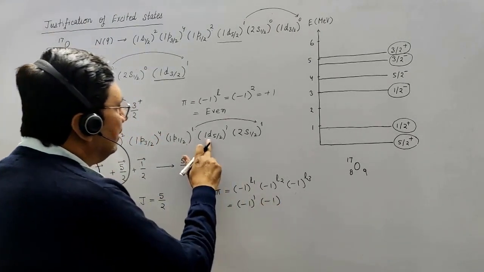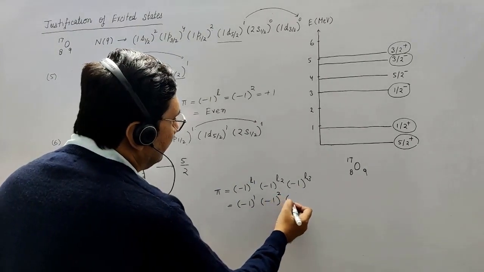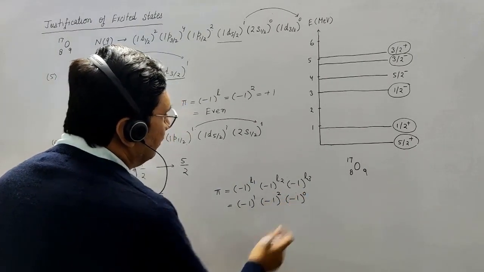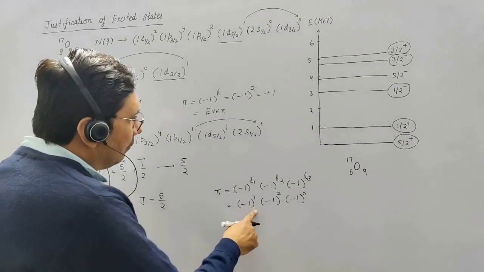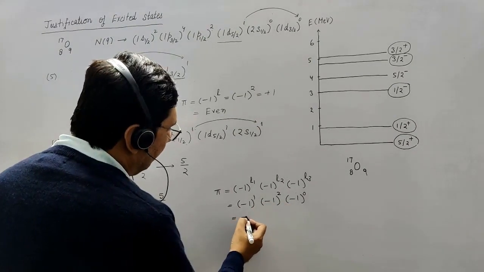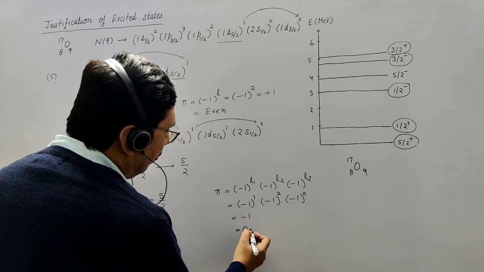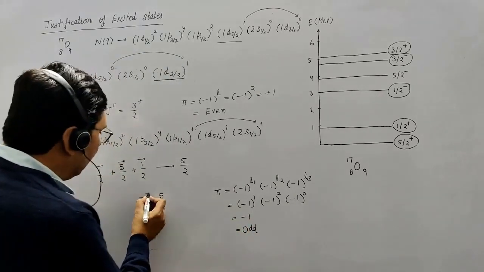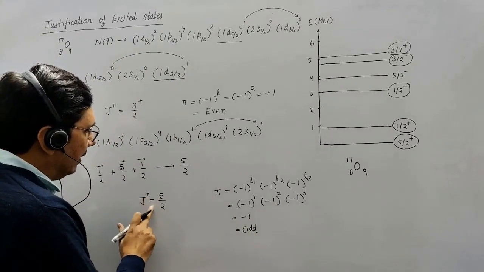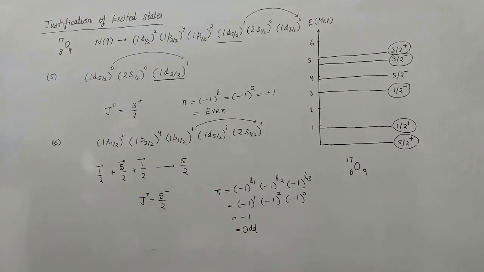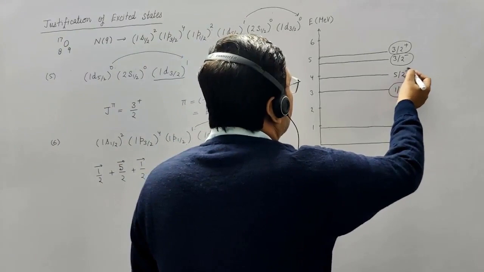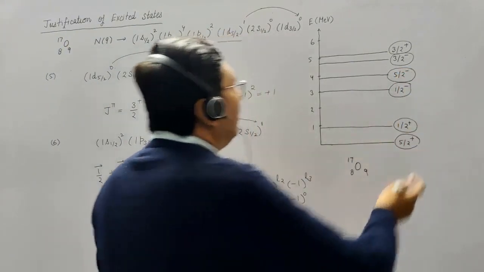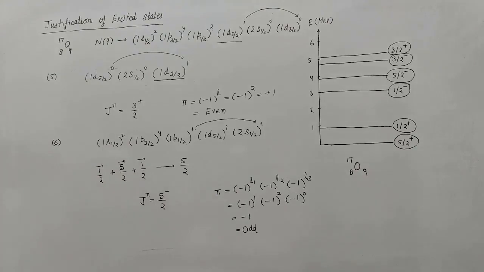Minus 1 to the power D, which is 2, and for S it will be 0. So this will be minus 1, meaning odd parity. So this excited state is represented by J pi equal to 5 by 2 minus. In this way, we have explained all these possible excited states which are present in the 8O17 nuclei.